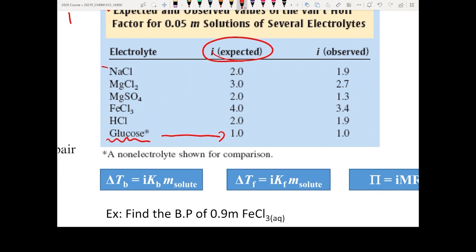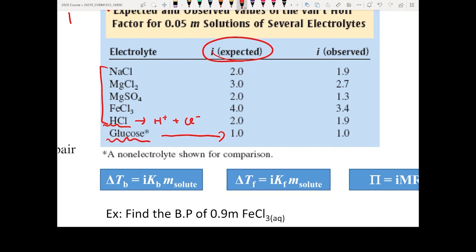Then we can start to talk about the electrolytes now. All the things I highlight here are electrolytes. What is HCl? An acid, right? Is an acid an electrolyte? Yes. Once it dissolves in water, it becomes H plus and Cl minus.